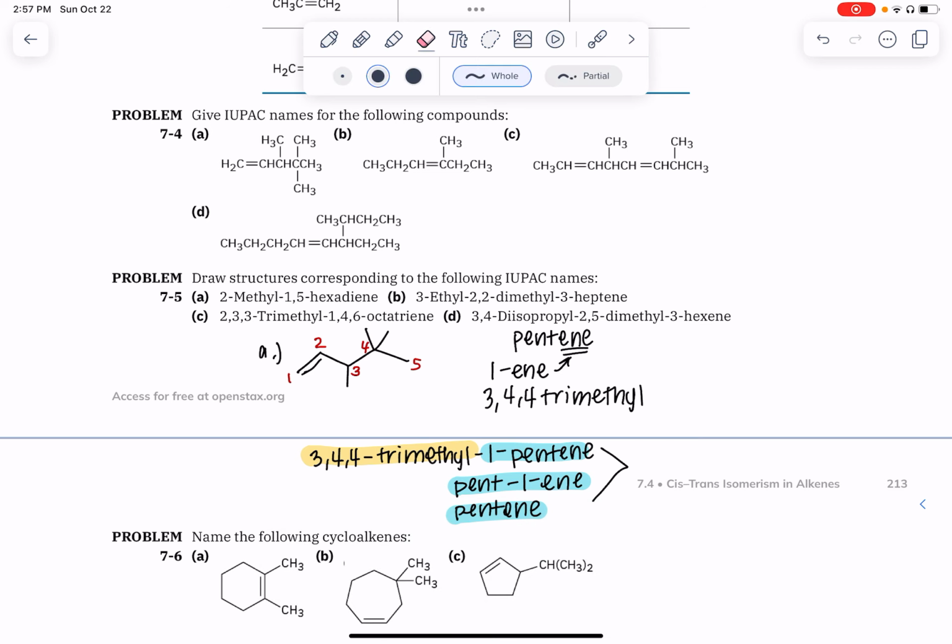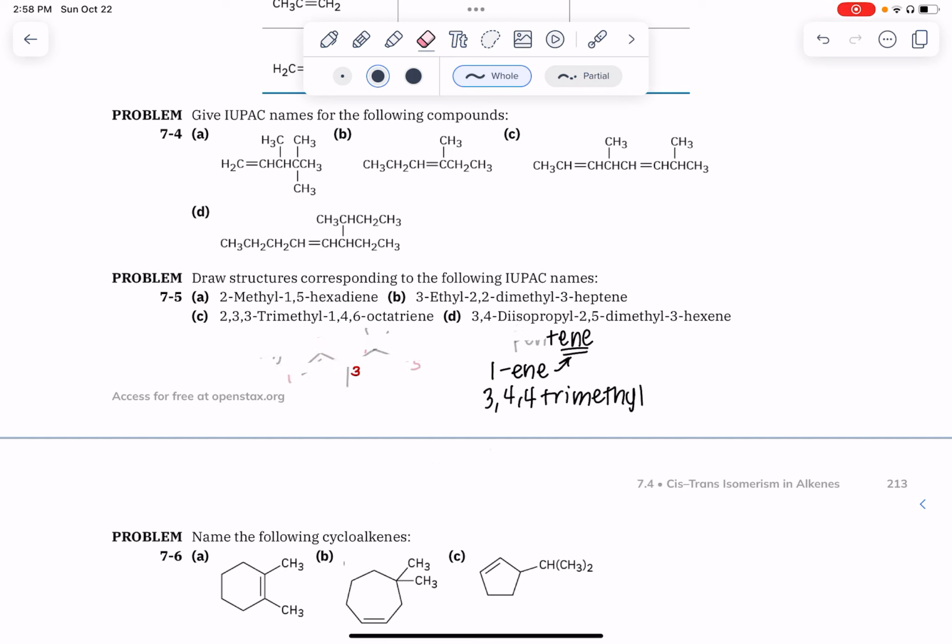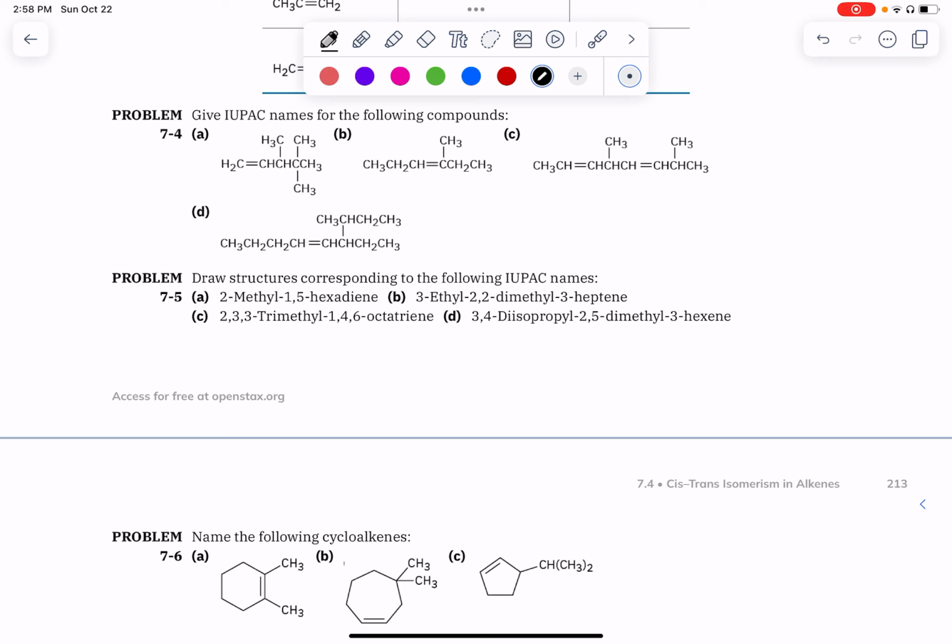All right, I'm going to erase this and we'll look at B. Okay, for B, I'm going to draw the structure out again. We've got 1, 2, 3, 4, 5, 6, it looks like, carbons.